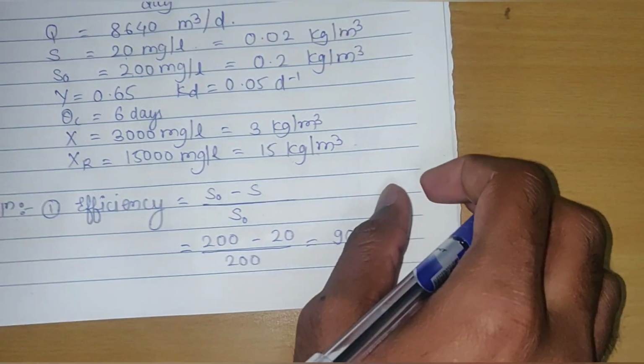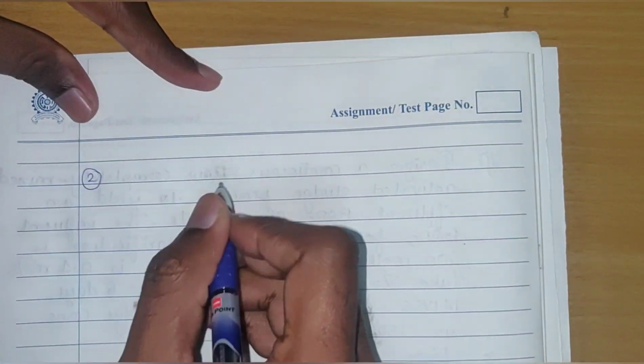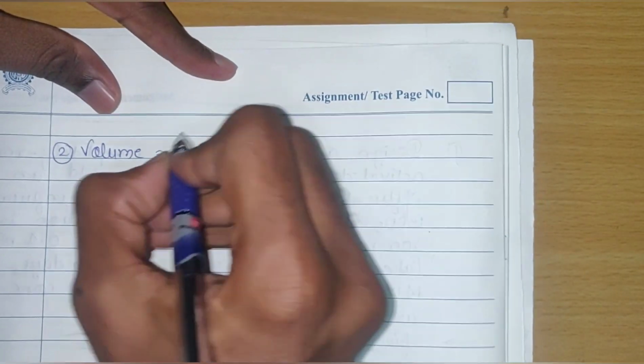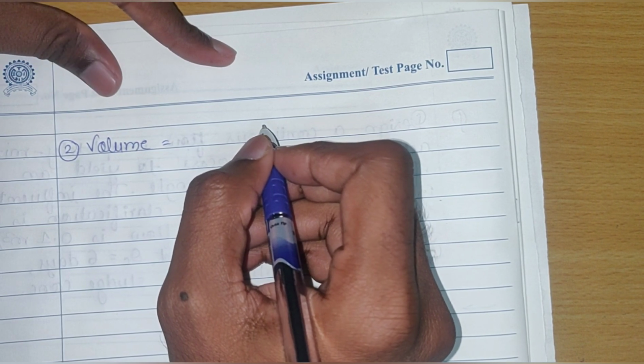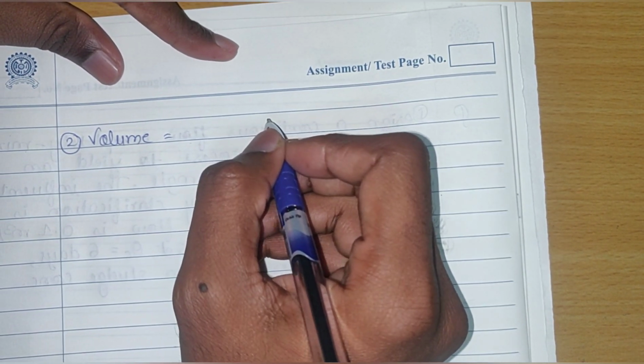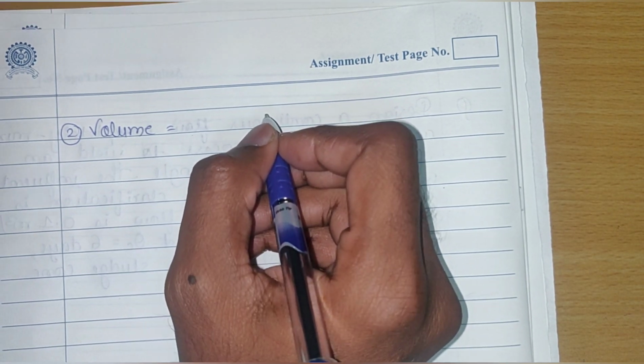Next, we know that in design we have to find the dimensions of the aeration tank. So first we'll calculate the volume of the aeration tank. Volume can be computed by the formula using hydraulic retention time or solid retention time, but in the numerical hydraulic retention time is not given.